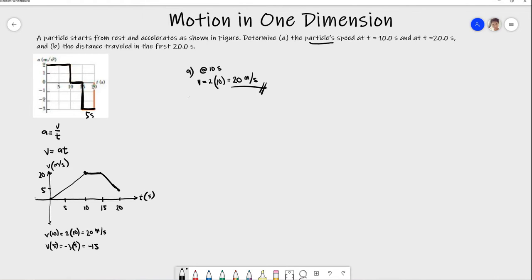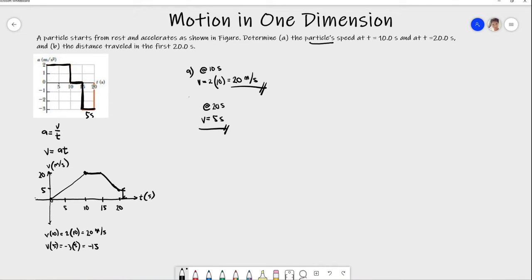That is for letter A at 10 seconds. And at t equal to 20 seconds, looking at our figure again, from the 0 reference, since it drops by 15, our velocity here is equal to 5 meters per second.